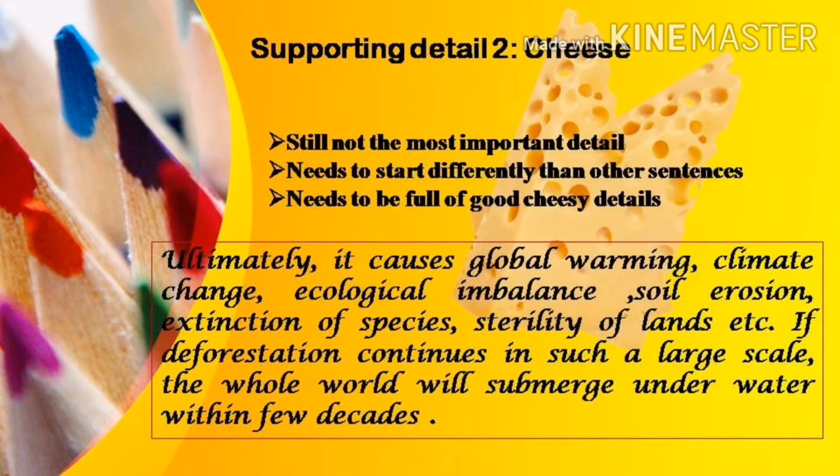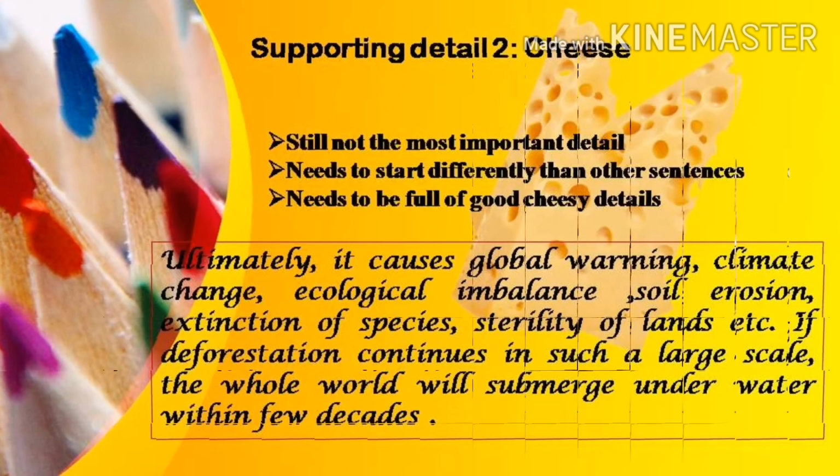Ultimately, it causes global warming, climate change, ecological imbalance, soil erosion, extinction of species, sterility of lands, etc. If deforestation continues on such a large scale, the whole world will submerge underwater within a few decades. These are truly the worst effects of deforestation.